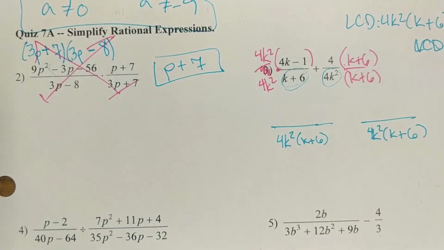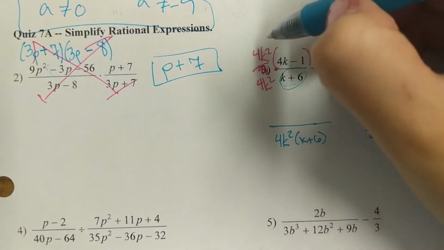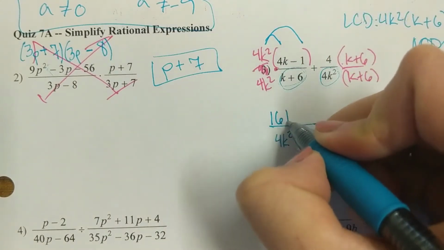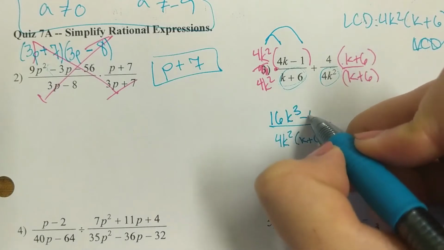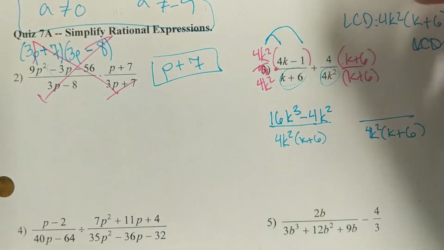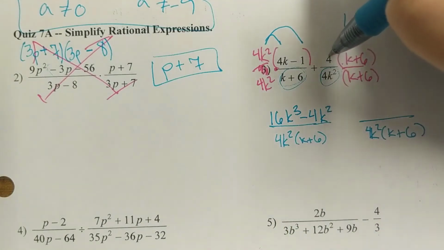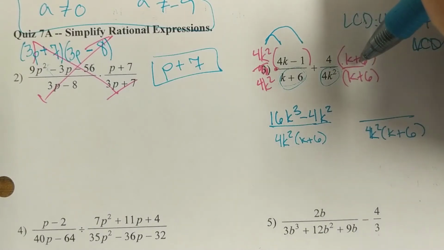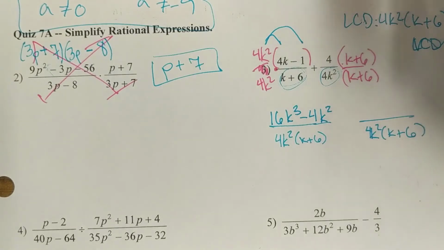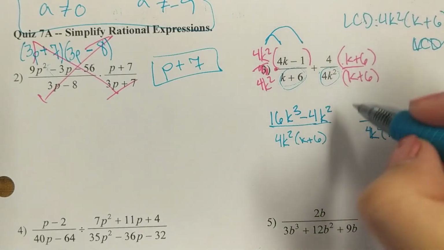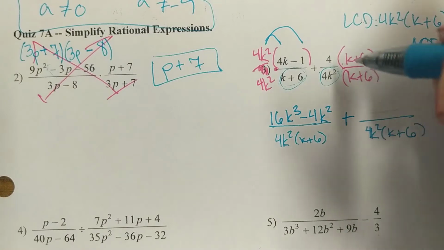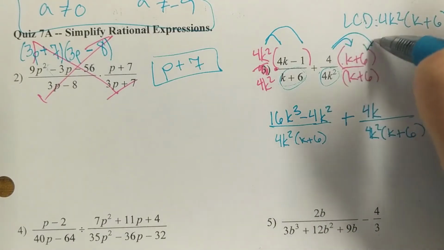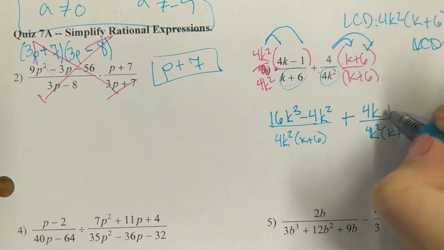Okay, so for the first fraction, I'm going to distribute this in. 16k cubed minus 4k squared. I'm going to distribute in the 4. Now I'm going to check, because if this is a subtraction, then I want to distribute in a negative 4 and then not have to worry about that minus. But it's actually a plus 4, so I'm going to distribute in a plus 4. 4 times k, and then 4 times 6, 24.